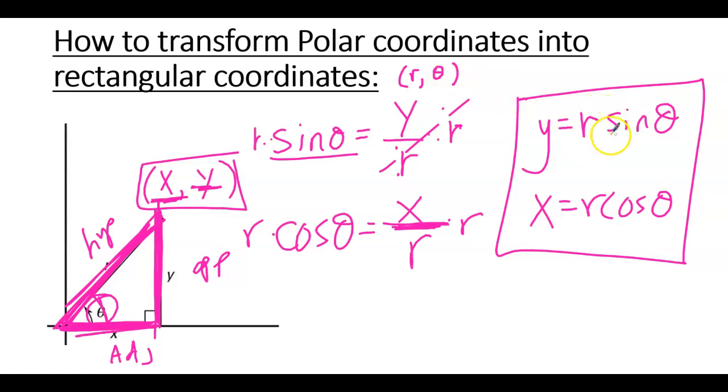If you take r and multiply it by sine theta, that tells you the y coordinate. If you take your r value and multiply it by cosine of theta, that tells you the x coordinate. So it's actually pretty easy to transform something from polar form into rectangular form. You just use this little formula over here.